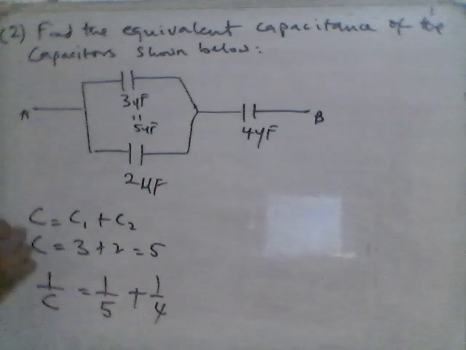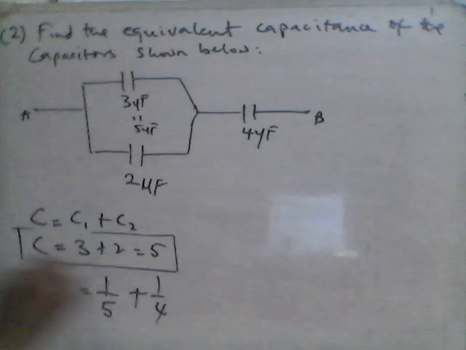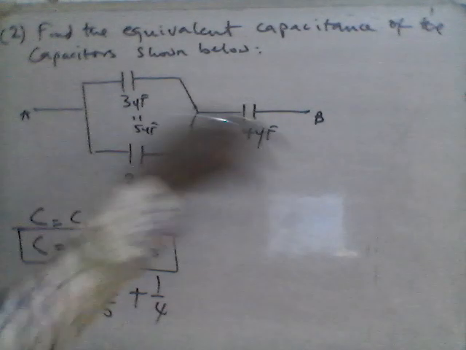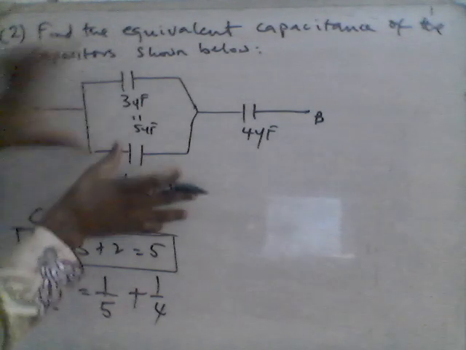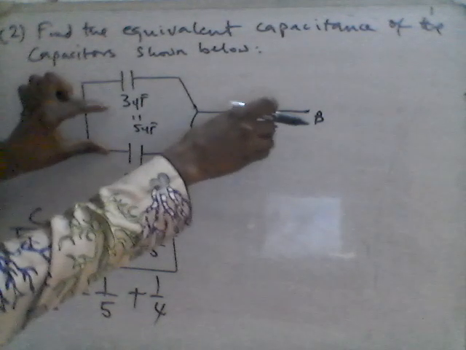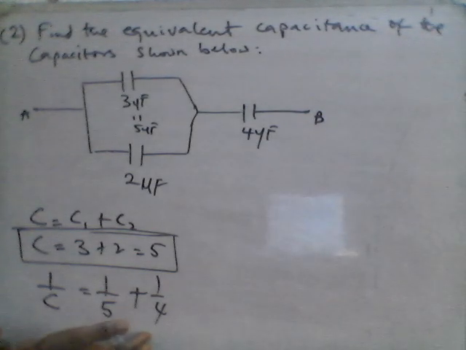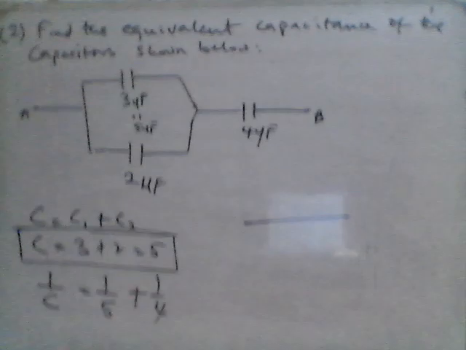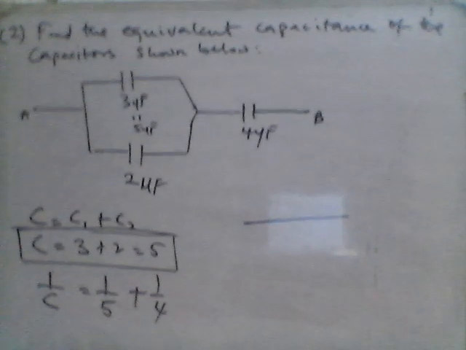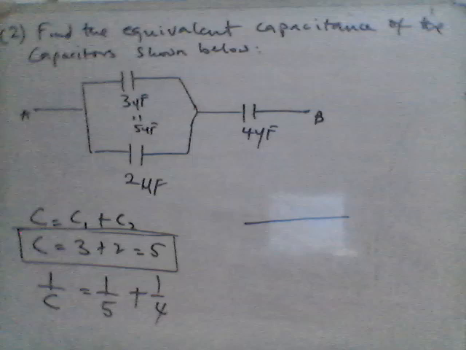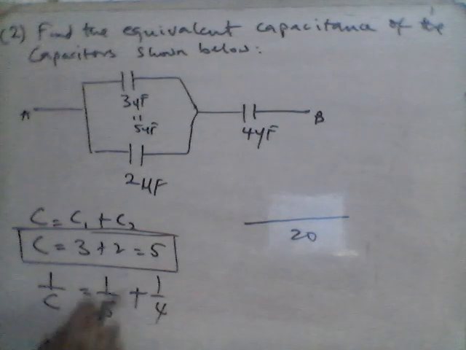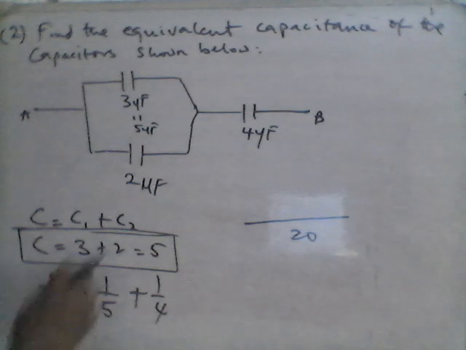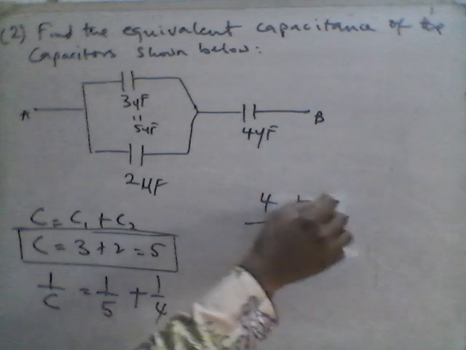There are two connections. This first one is the parallel connection. It has been done. When you get the resultant, you use it in series with this one. The resultant of these two is now in series with this one. So for the series formula, you have this fractional case, you find the LCM. The LCM of 5 and 4 is 20. 20 divided by 5 is 4, 4 times 1 is 4, plus 5.